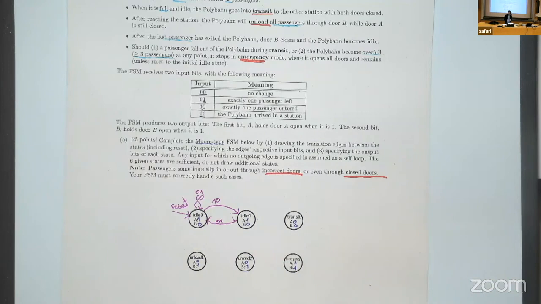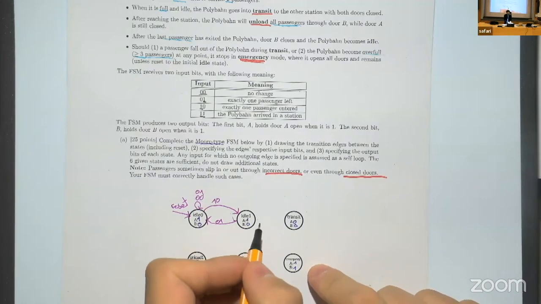That sounds ominous, but the entire point behind that statement is that you shouldn't rely on the state of the doors for the correctness of your edges. So we could totally have a passenger slip back out through the door they were supposed to enter, and we handled that here. We go back with an edge.